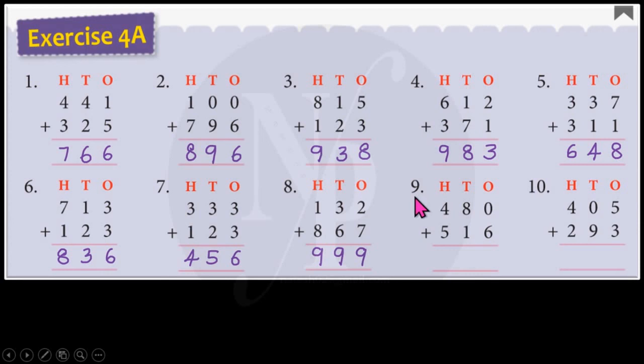Question number 9. 0 plus 6 is 6. 8 plus 1 is 9. 4 plus 5 is 9. In question number 10, 5 plus 3 is 8. 0 plus 9 is 9. 4 plus 2 is 6. 698 is the required sum.